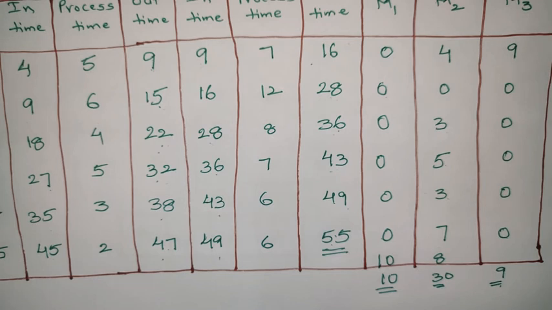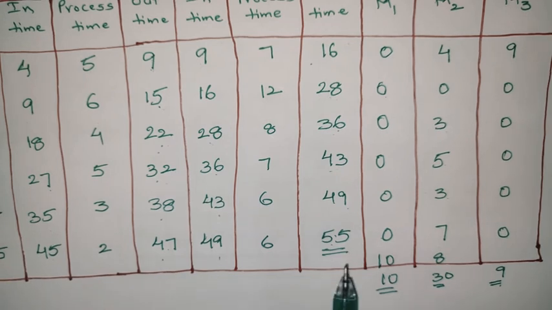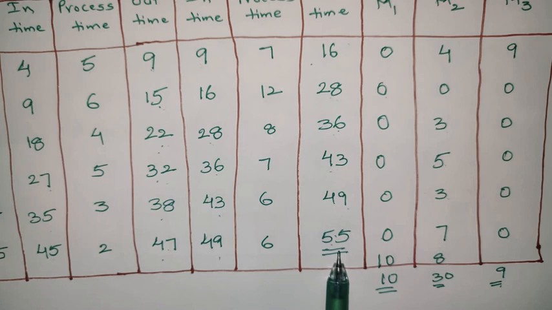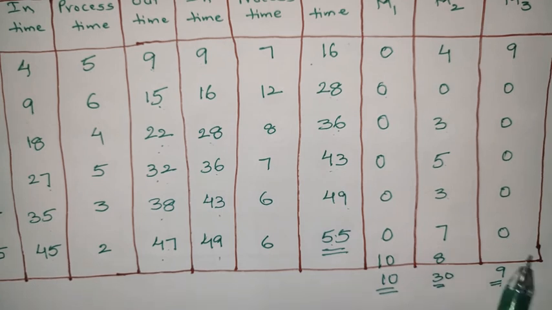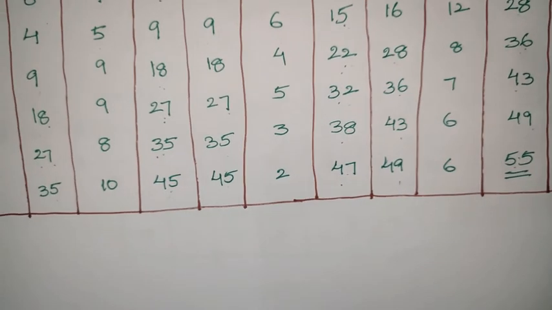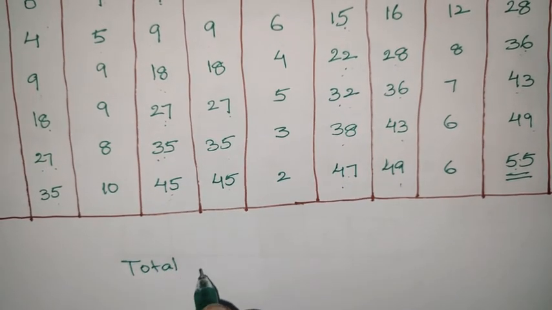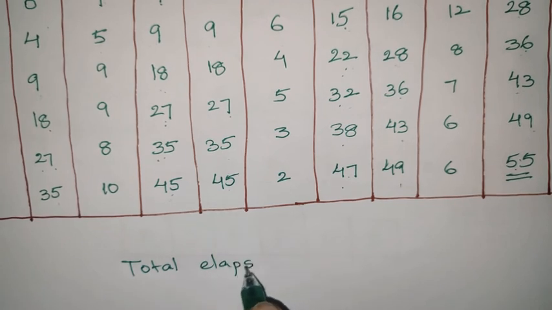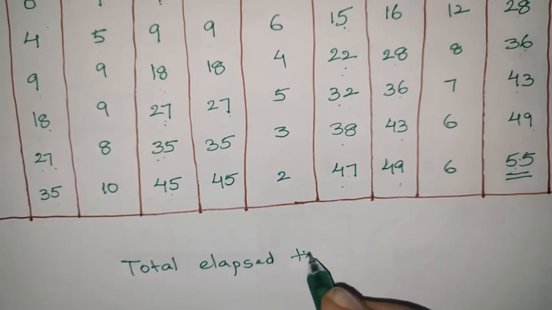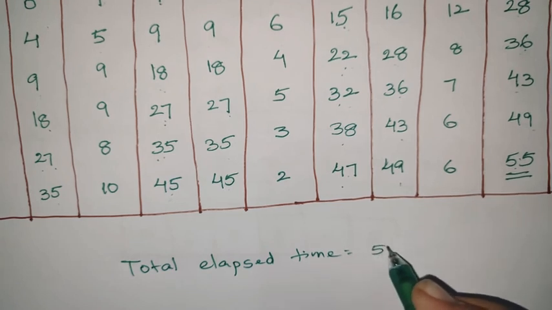So let us write the final statements. Total elapsed time is 55 hours. Idle time on machine M1 is 10. Idle time on machine 2 is 30 hours. Idle time on machine 3 is 9 hours. So I am writing those things. Total elapsed time is equal to 55 hours.